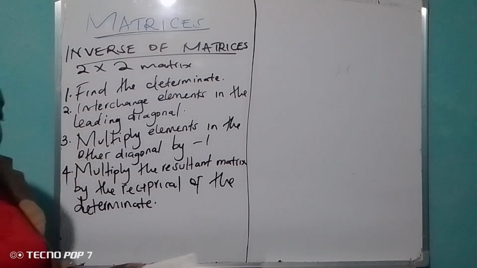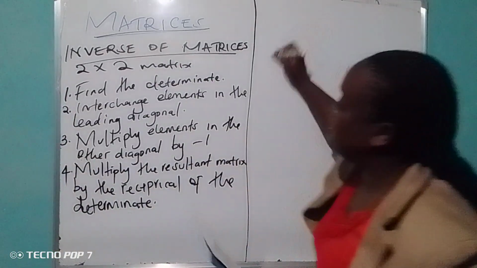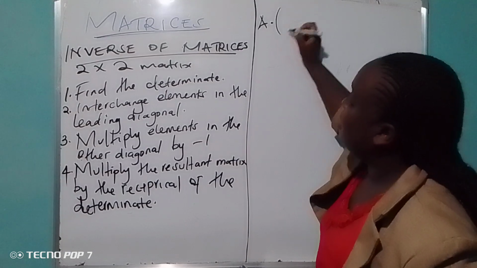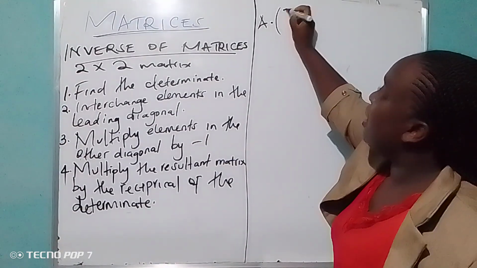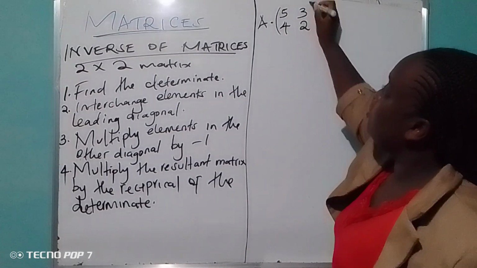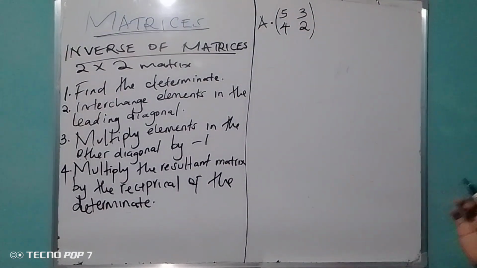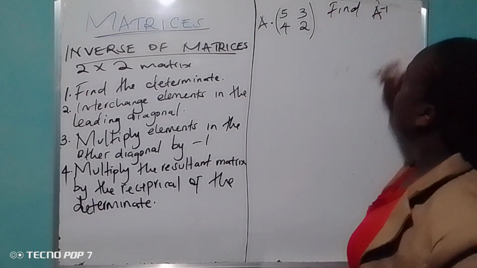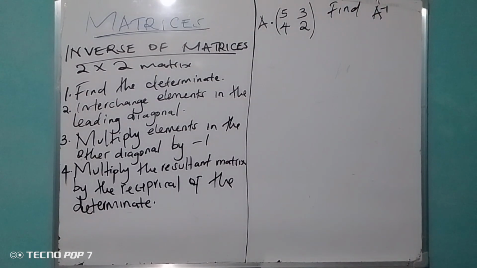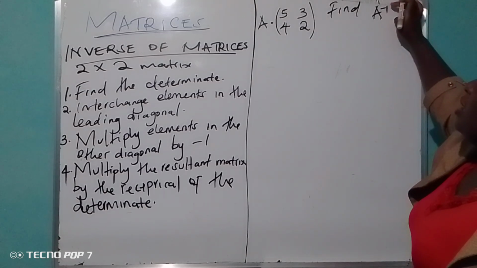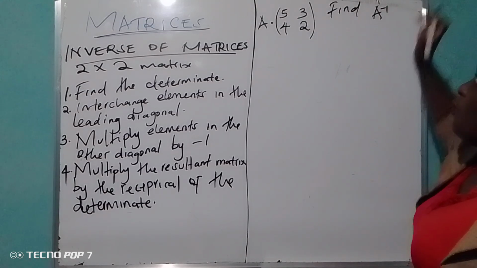So for example, we have a matrix A, which is 5, 3, 4, 2. Those are the elements of matrix A. Find A inverse, or find the inverse of A. It is denoted as A raised to -1.